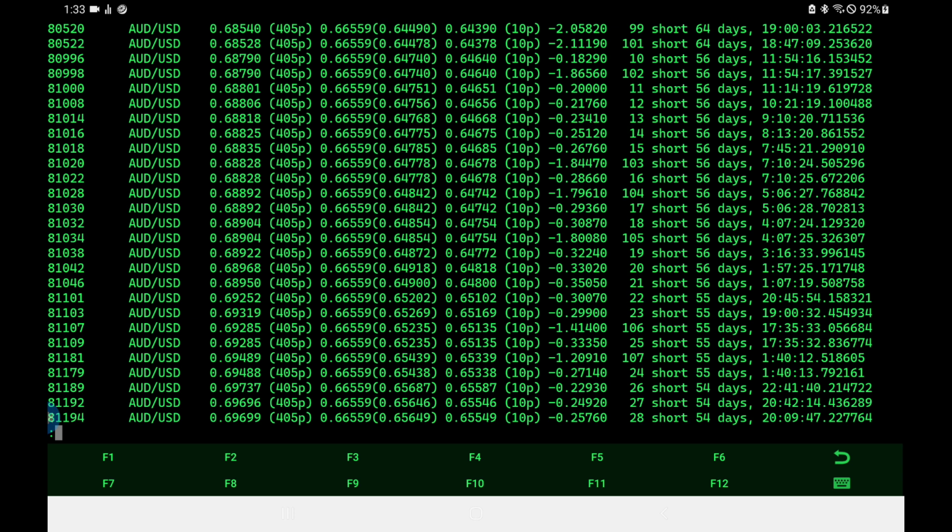So now at the top of the table, my oldest position is at 64 days and 19 hours. So 64 days and 19 hours is my current oldest position. So I have right now active 64 days worth of trades.